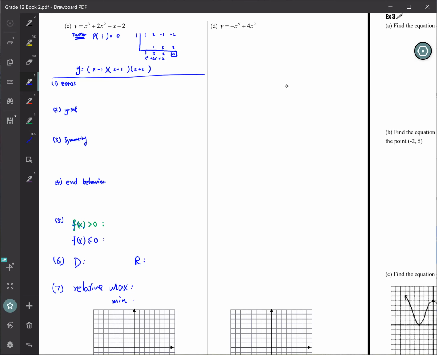If you finish earlier, you can use the time to open up your app or use decimals to find the max and min, and then you can use it to answer number 6 and 7.